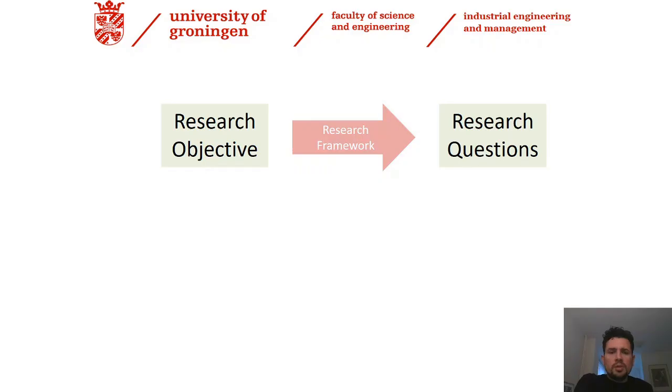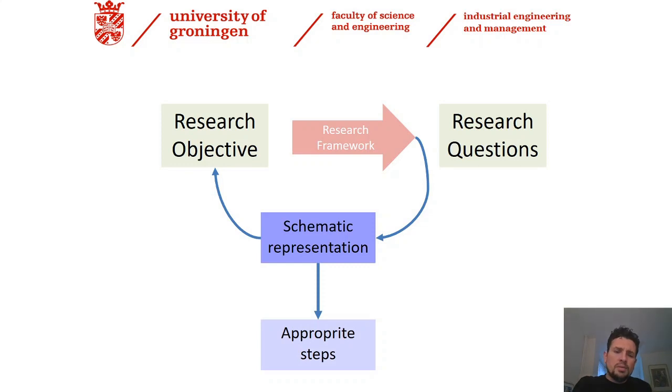This is an intermediate step between the research objective and the research questions, research or design questions, in terms of practice-oriented research or theory-oriented research. This intermediate step can be a schematic representation if we follow some appropriate steps when preparing such a diagram.